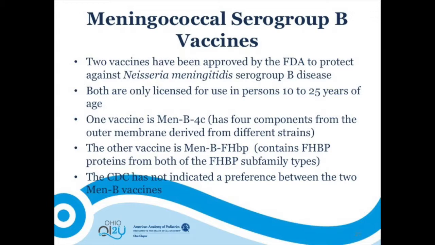One vaccine is Men-B-4C, which has 4 components from the outer membrane derived from different strains. The other vaccine is Men-B-FHbp, which contains the FHbp proteins from both of the FHbp subfamily types.